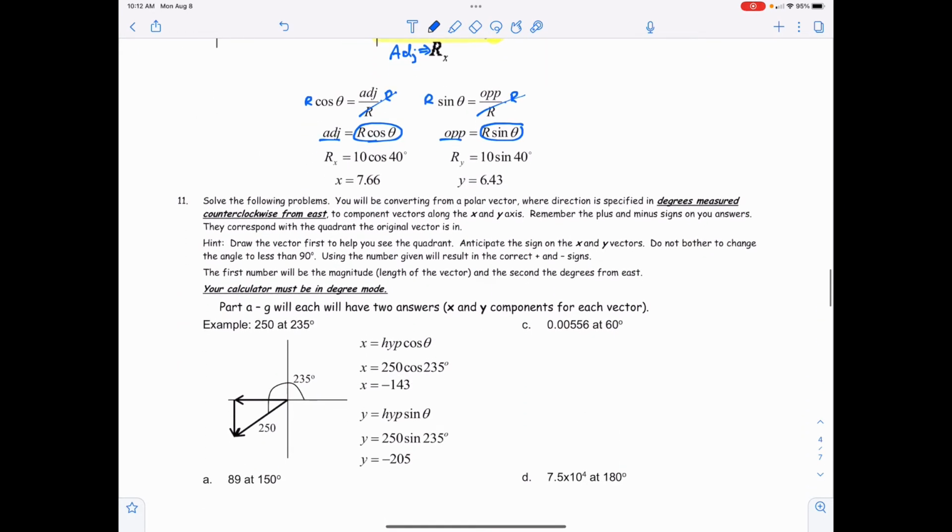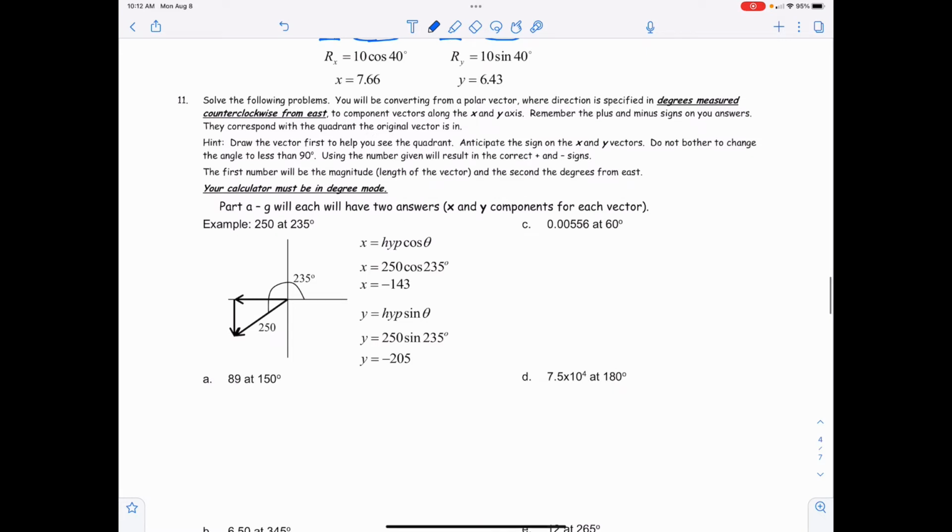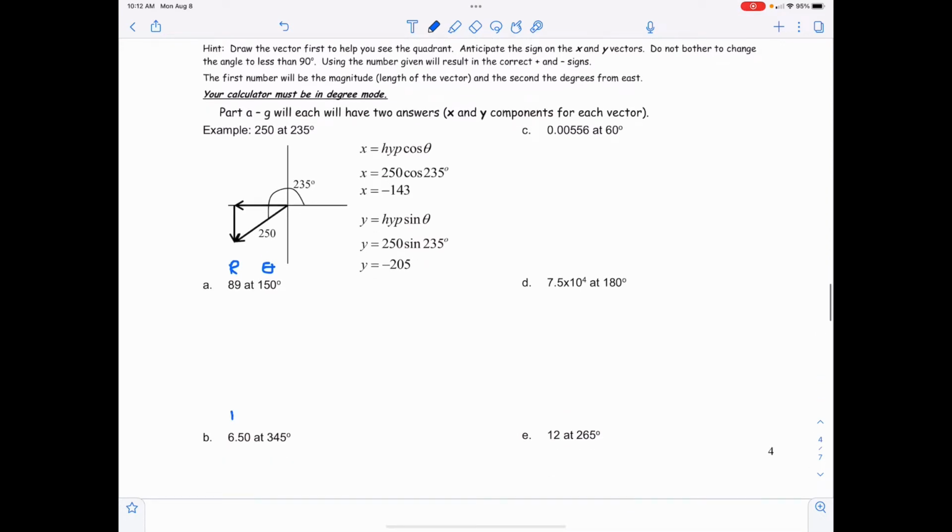In part 11 here, we're going to practice finding and calculating vector components. Now, in each case, you are given r, the resultant vector, and theta, which way it points.